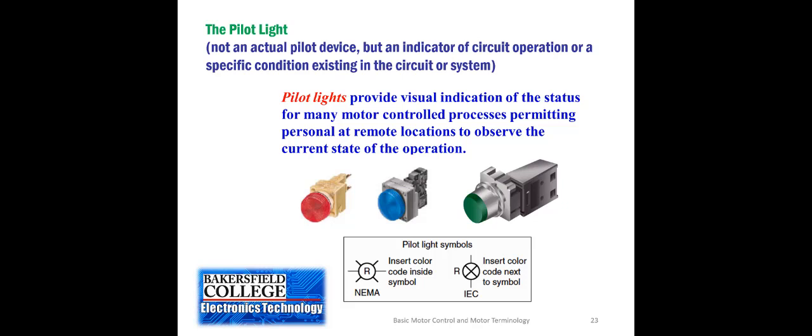Now, what we're doing in recent times is we're replacing annunciator panels with HMI panels, human machine interface panels. It's basically a computer screen that has symbols, and it may show you the process flow.